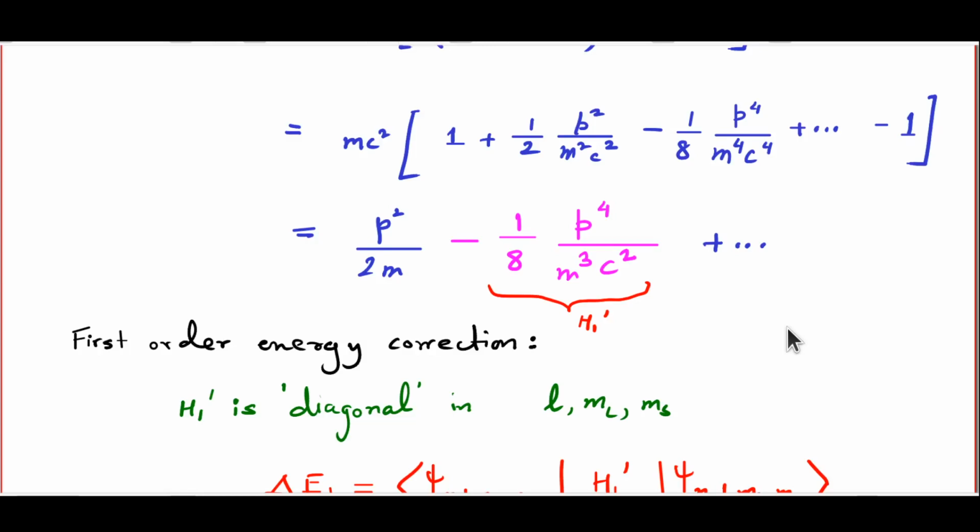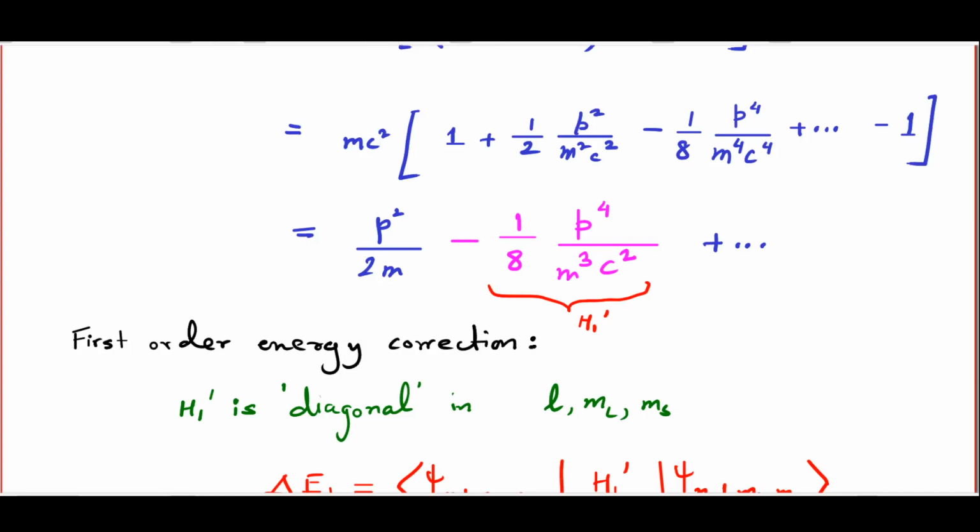So in particular, our perturbation Hamiltonian commutes with L square, S square, Lz and Sz. And so, if you label your eigenstates using the eigenvalues of these operators, that is, if you use L, S, Ml and Ms as additional labels beyond n to characterize your wave functions, to essentially make your choice of basis, then H1 prime is already diagonal in this basis.